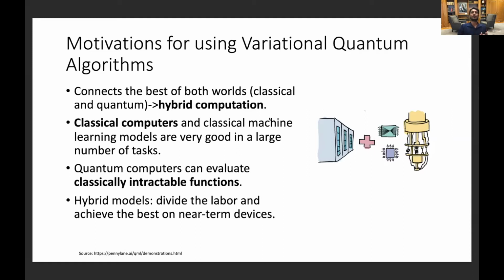So we already know what classical computers are good at, and we will use classical computers for those purposes. Then there are some problems, or parts of a problem, that cannot be efficiently handled by classical computers. For example, computing a function that becomes very difficult for a classical computer can be ported to a quantum computer. That's how this hybrid model divides the labor between classical and quantum computers to achieve the best possible solution in the most optimum way.